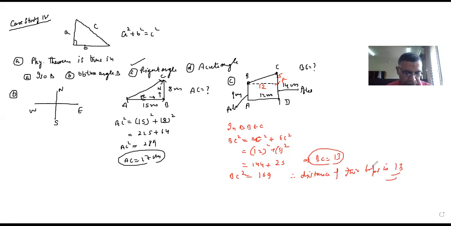So any doubt from any student in this question, D part? No. E part: which of the following lengths form a right angle triangle? First is 5, 8, 10.